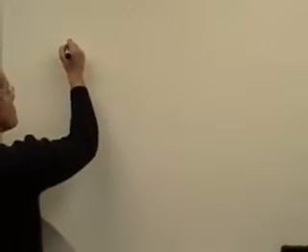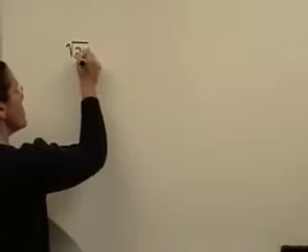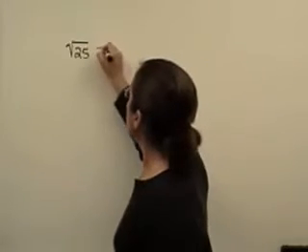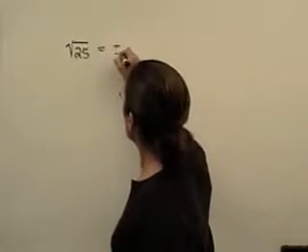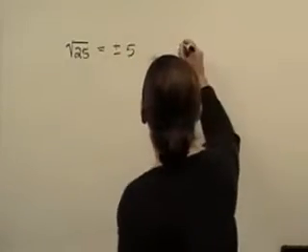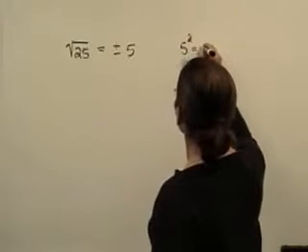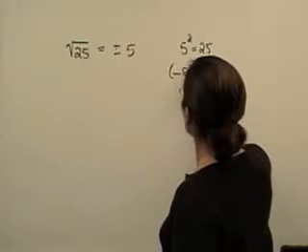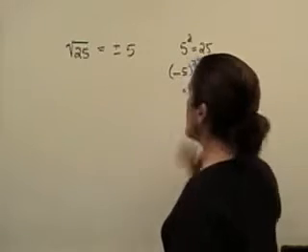First of all, when I ask you to give me the value for the square root of 25, most of us are used to stating that that's equal to plus or minus 5. And that's true because a positive 5 squared gives you 25, and so does a negative 5 squared give you 25.